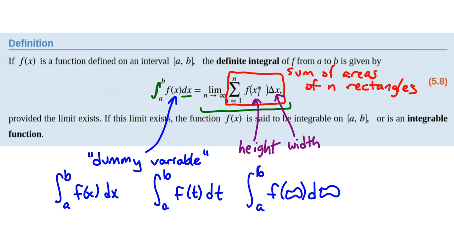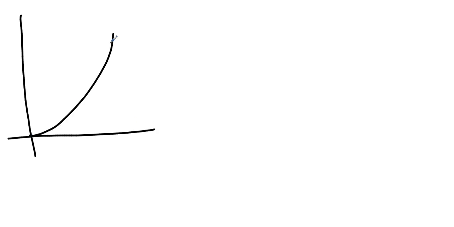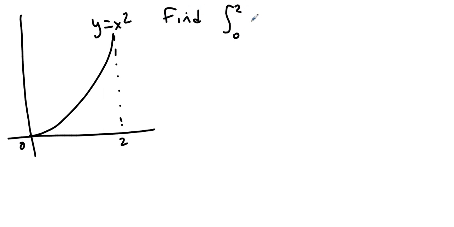Okay, so let's apply the definition. Let's take a look at x squared on 0 to 2. Let us find the integral from 0 to 2 of x squared dx, which means what we're really looking for is this area in here.